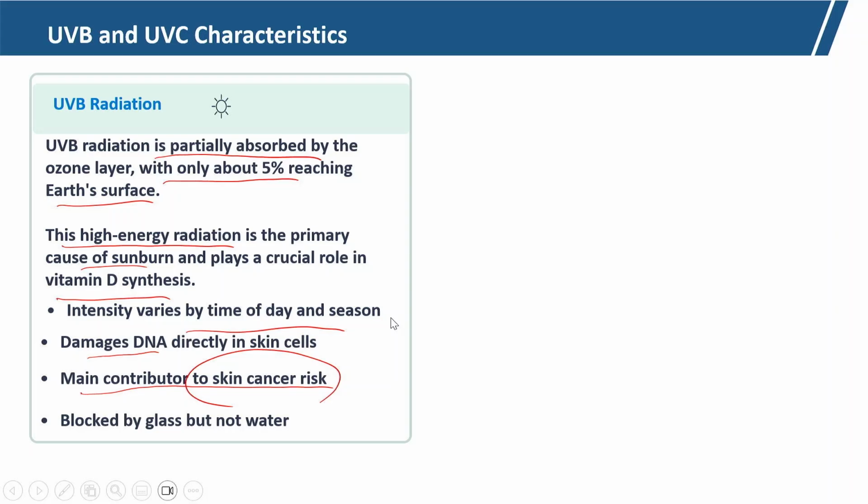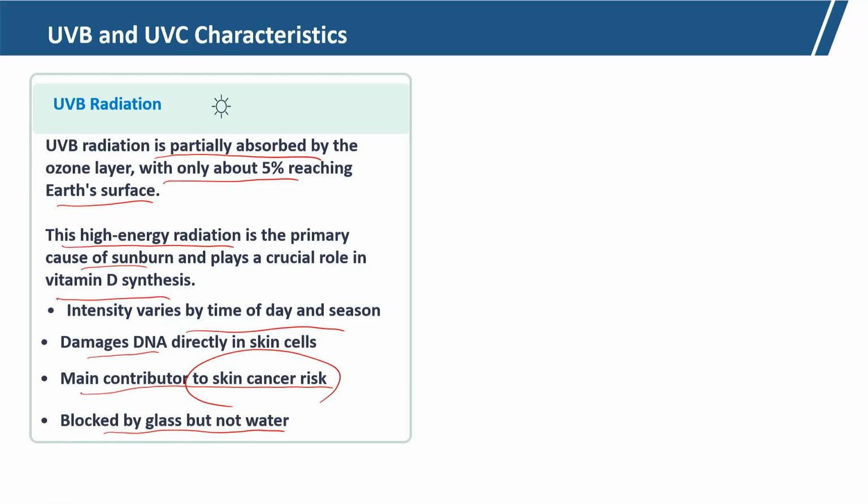It is blocked by glass, not by water. Earlier we saw that UVA, which is not that harmful, penetrates through glass, but UVB, which is harmful, is blocked by glass, though it penetrates through water.